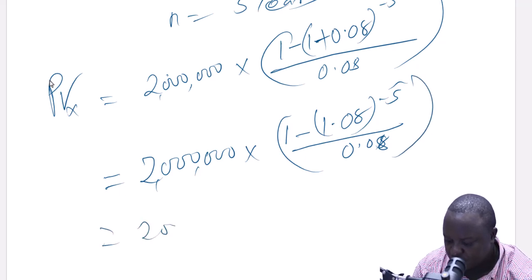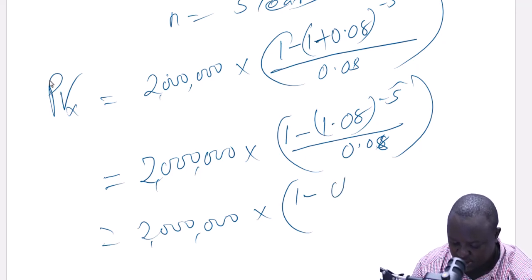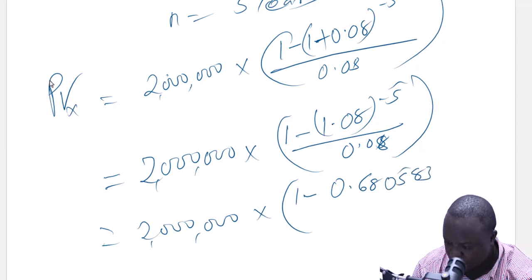So that is 2 million times brackets 1 minus, if you raise that power, you will get 0.680583, over 0.08.